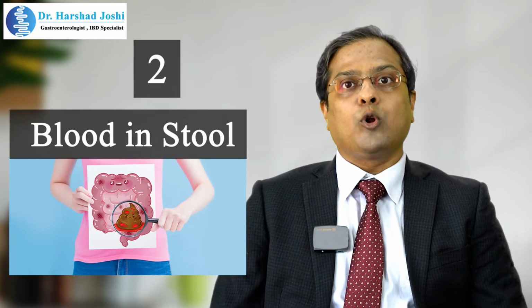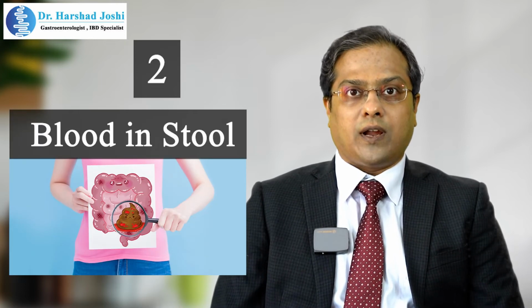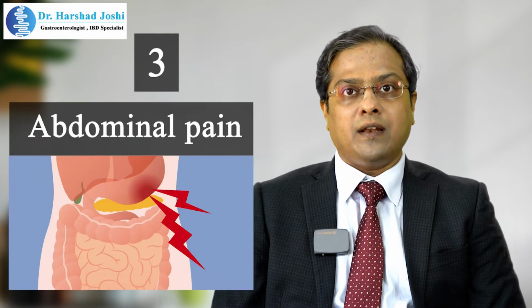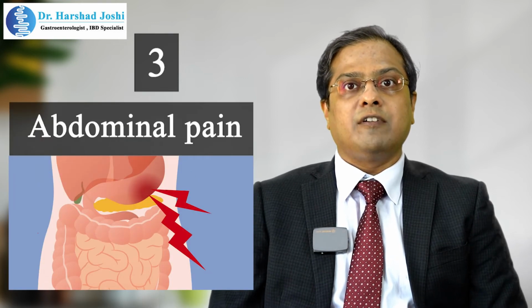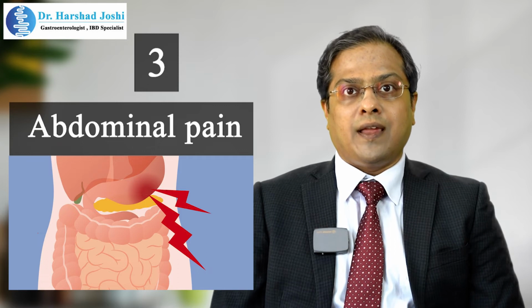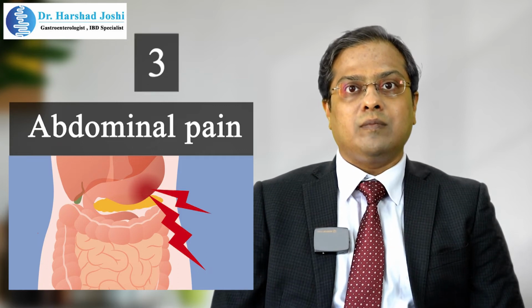Second is blood in stool, which is more commonly seen with ulcerative colitis because there is involvement of large intestines. The third common symptom would be abdominal pain. Now, abdominal pain can be a very vague or variable symptom, and any gastrointestinal problem can come with a stomach pain, but your physician or the gastroenterologist would be able to go through your history and decide whether this is associated with IBD or is there something else.